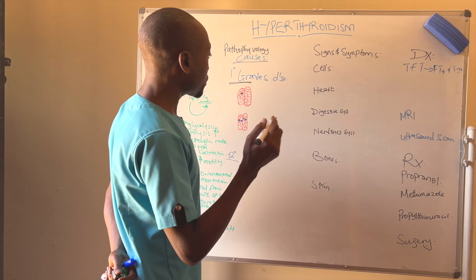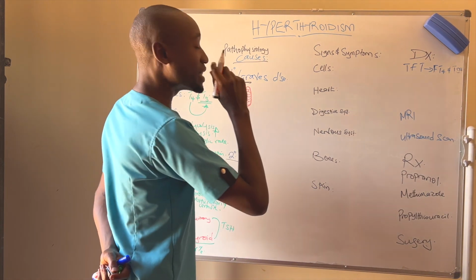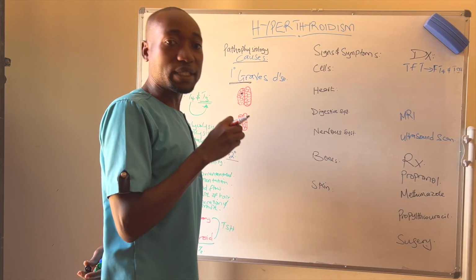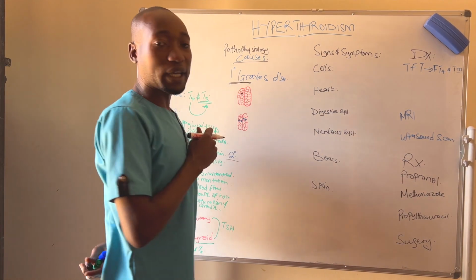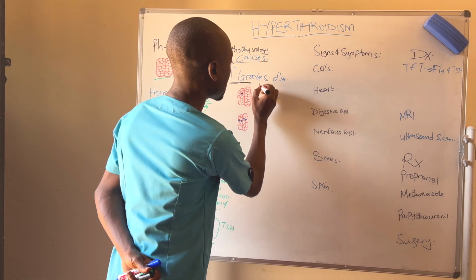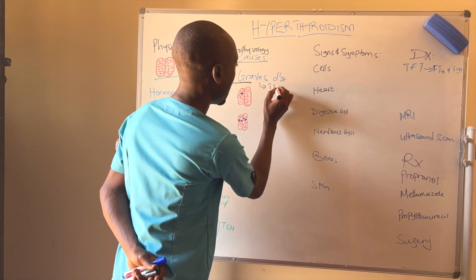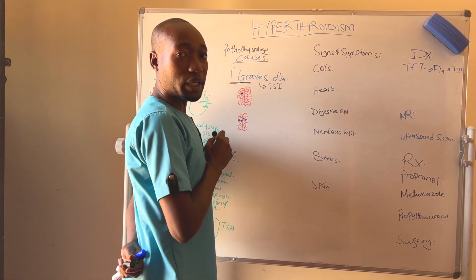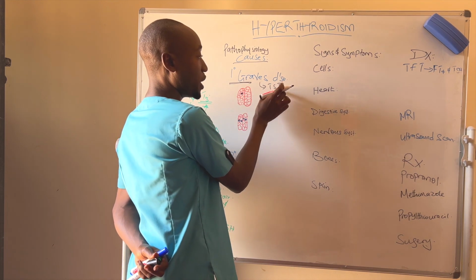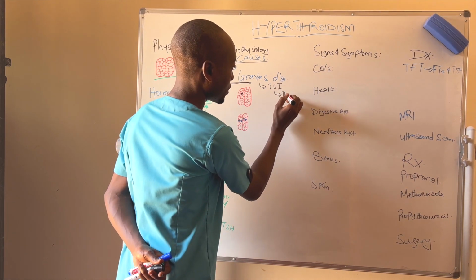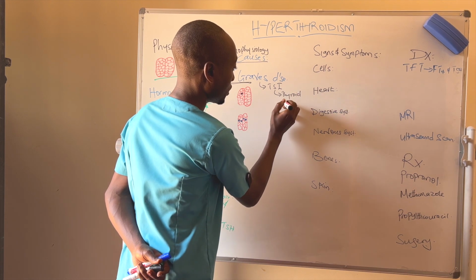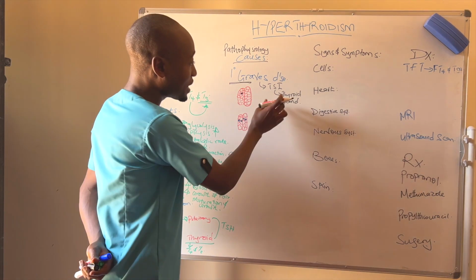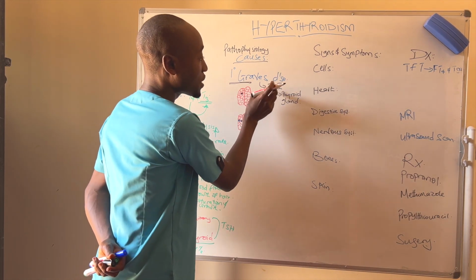Graves' disease is an autoimmune disease whereby the body produces antibodies that affect the thyroid gland. It produces antibodies that we call TSI, thyroid stimulating immunoglobulins. These go to the thyroid gland and act as the thyroid stimulating hormone.